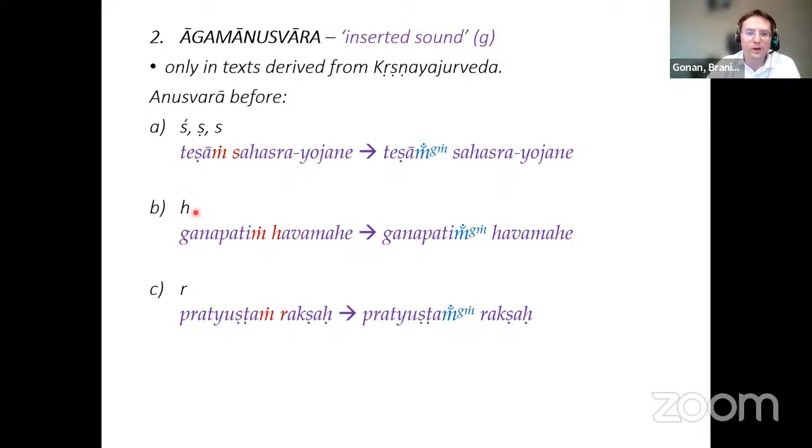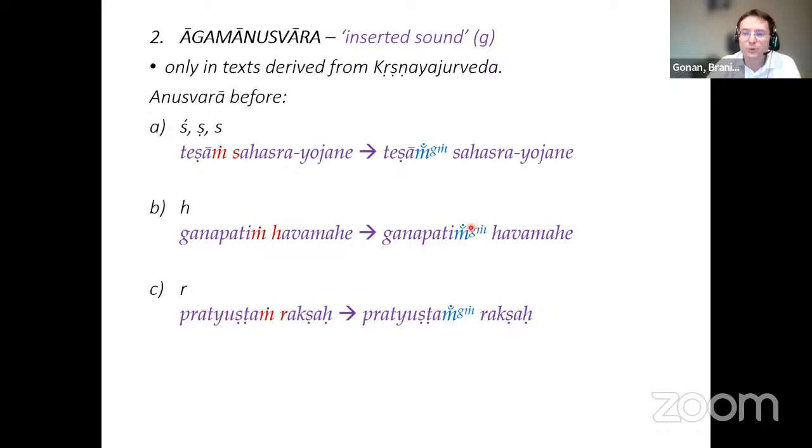So that's why it is called Agamanusvara. Then before H and R, same thing. Ganapati Gam Havamahe. In Ganapati Pradhana, it is a very common change when we chant, right? In the text, it can be Ganapatim, but we should chant Ganapati Gam, because there is no representation in written form of this Agamanusvara.